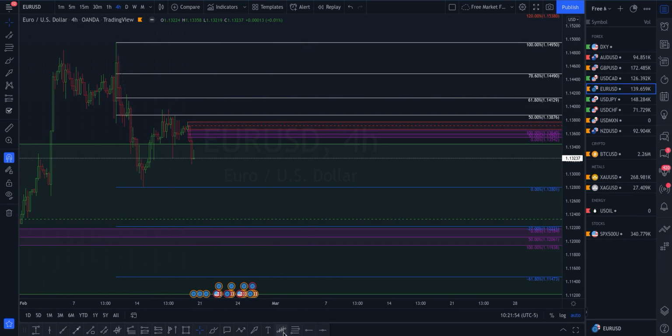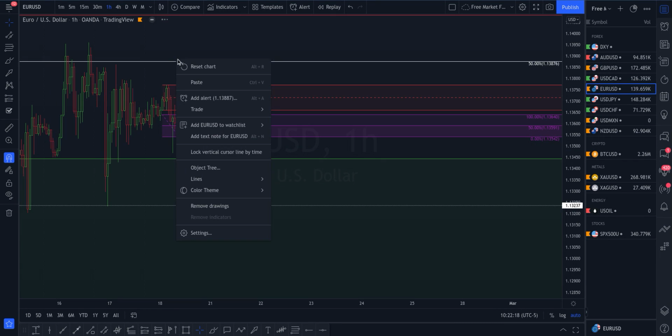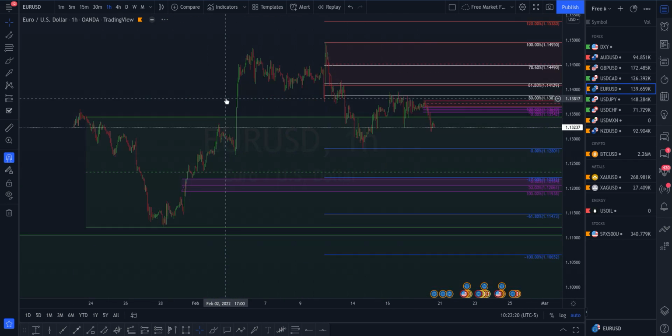However, it is sitting in a 4-hour supply zone, right? But that supply zone has been mitigated. Could there be more orders up there? It's very possible. Here, let's drop down to the 1 hour.